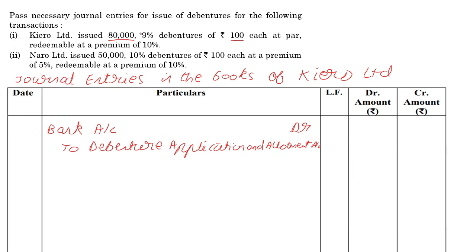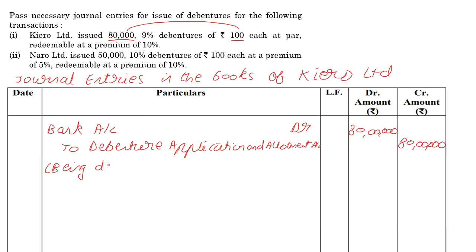And it is going to be 80,000 into the issue price. And since it's at par, 80,000 into 100 is going to give us 80 lakhs. 80 lakhs.